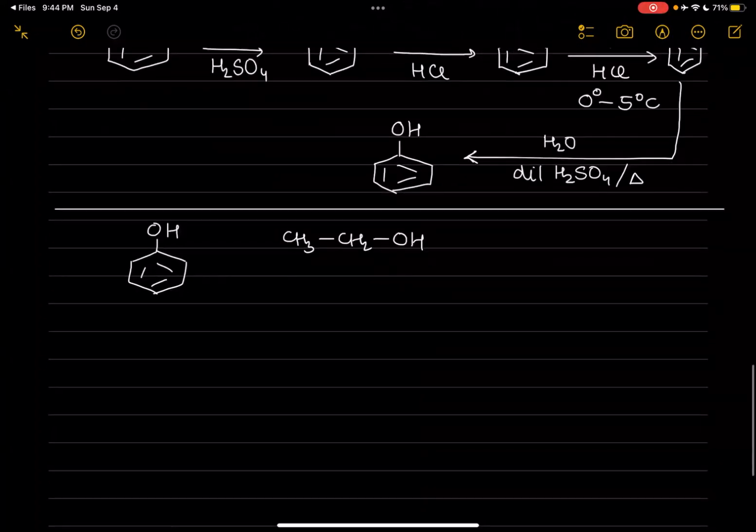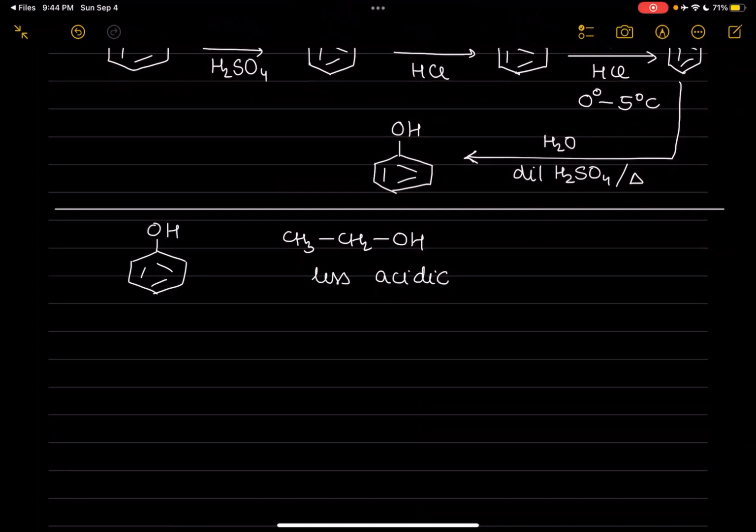Aliphatic alcohol is less acidic. Phenols are slightly more acidic than water. It is due to sp2 and due to resonance also.